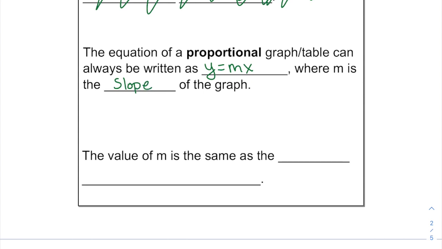All right, so the value of m is the same as the constant of proportionality, which we just figured out how to solve for above. So m and constant of proportionality are the same thing.